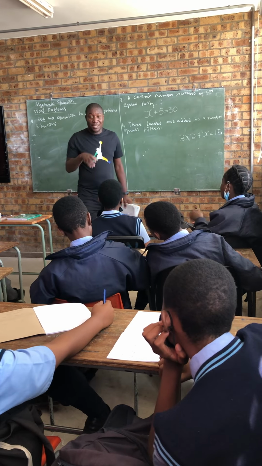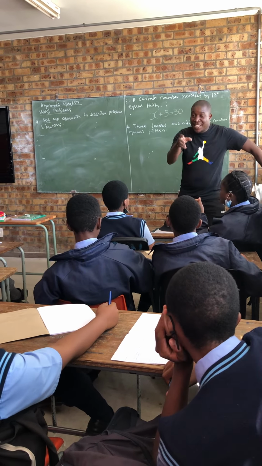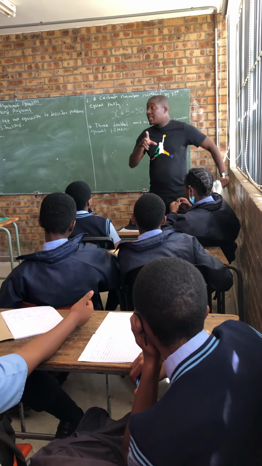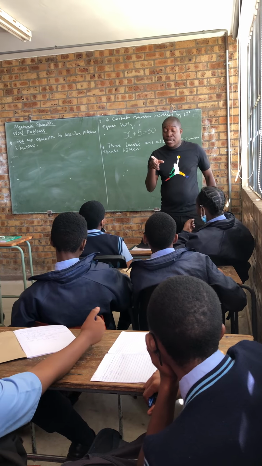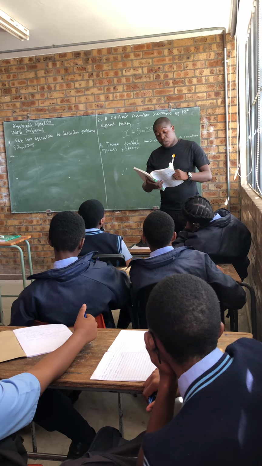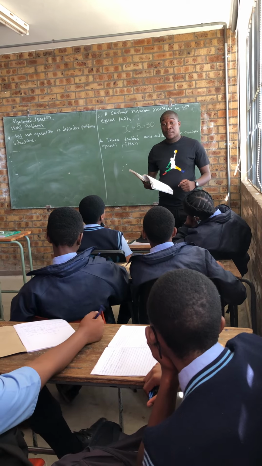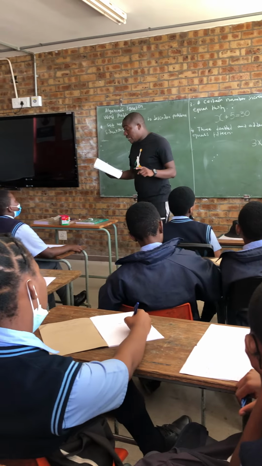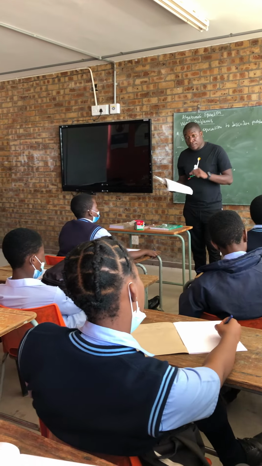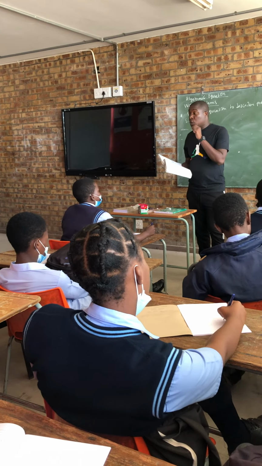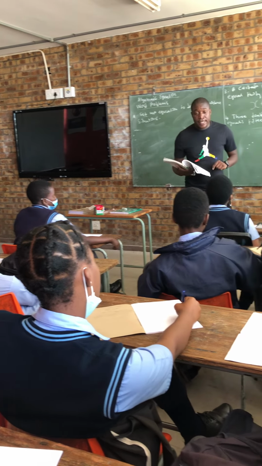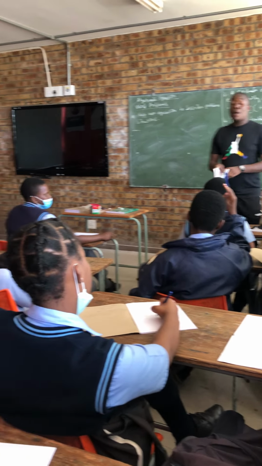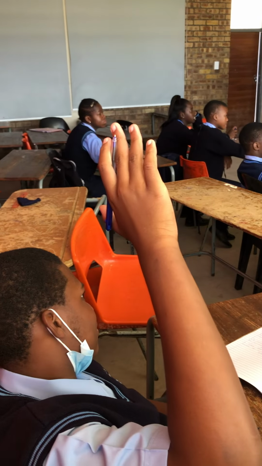One bouquet costs 40 rand, and she sells all of them and makes 2,000. The question is, how many bouquets did Zinzi make? I want you to set up the equation.